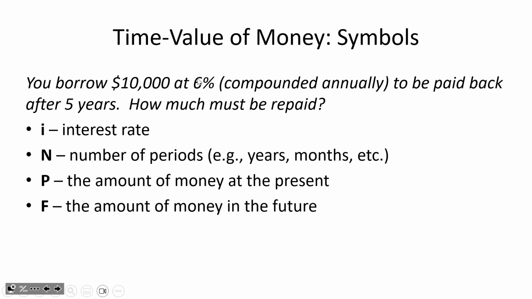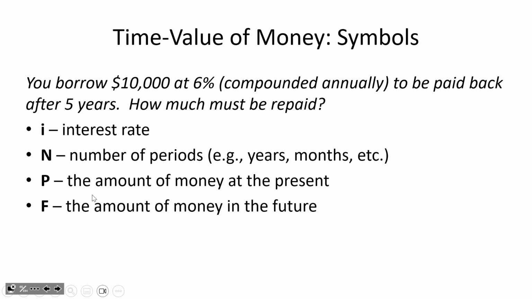That day that you borrow the $10,000 kind of kicks everything off, and so that is P, the present. F is the amount of money in the future. So how much must be repaid after 5 years? So F is the unknown amount that we'd be trying to calculate in the future.